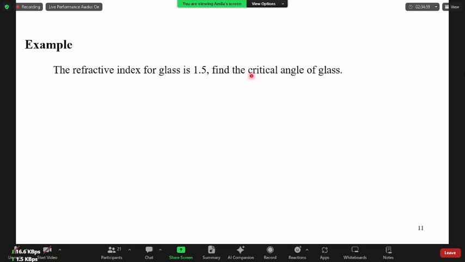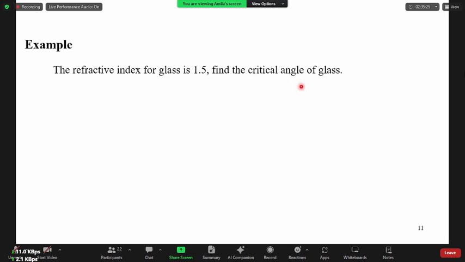Right, let's do the question. You need to find the critical angle. As I mentioned before, the light should travel from a high dense to a low dense medium, and you need to find the critical angle of glass.